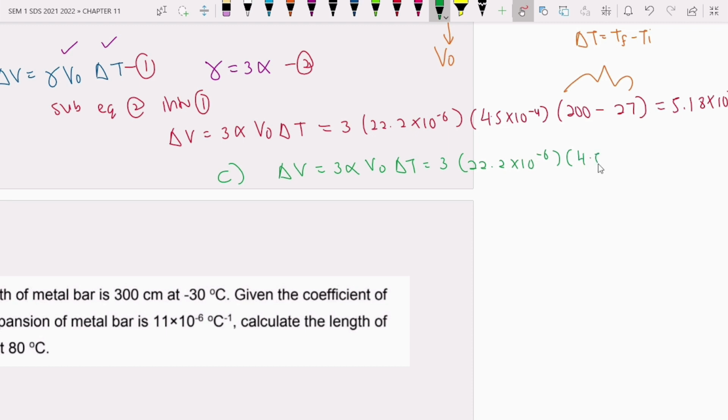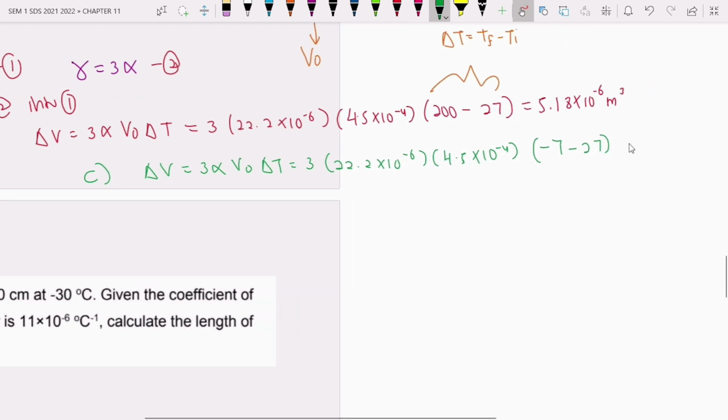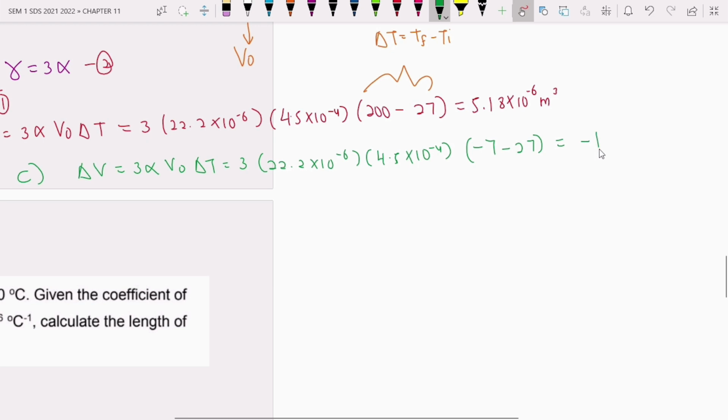The initial volume we calculated in question A, 4.5 times 10 to the power of negative 4, and also the change in temperature. Now the change in temperature will become, the final temperature is negative 7 and the initial temperature is 27. When you press the calculator, you will get the change in volume as negative 1.01 times 10 to the power of negative 6 meter cube.